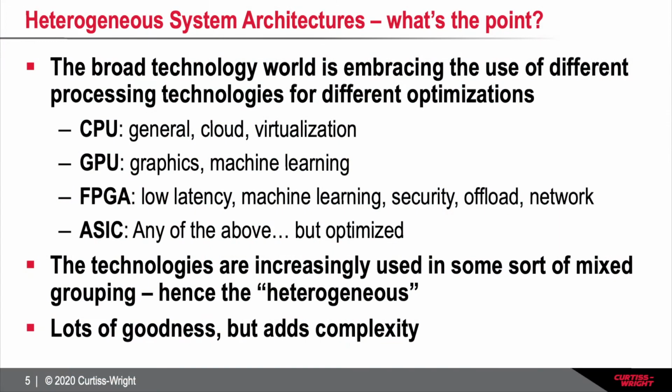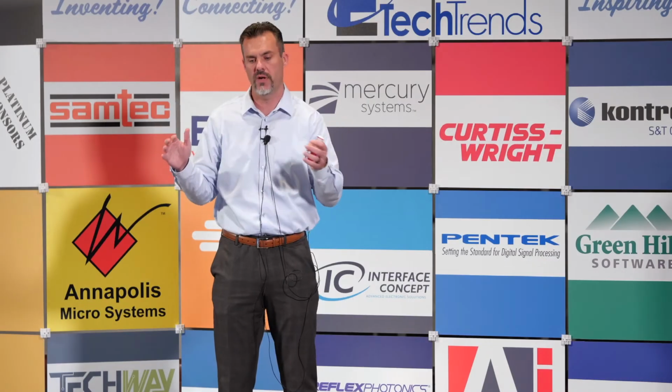So enter heterogeneous system architectures. The world at large is using heterogeneous architectures in cloud computing and all the different areas that you guys are likely familiar with that's using HPC, they use all of these different computing capabilities. They use it for virtualization, for machine learning, AI, all of these things that are buzzwords that we understand.